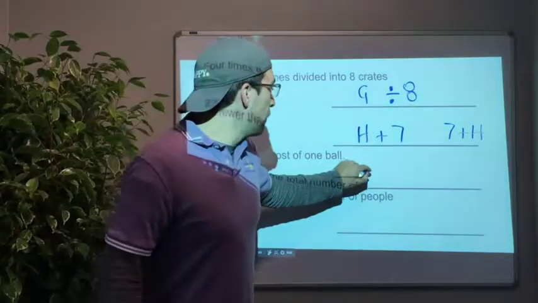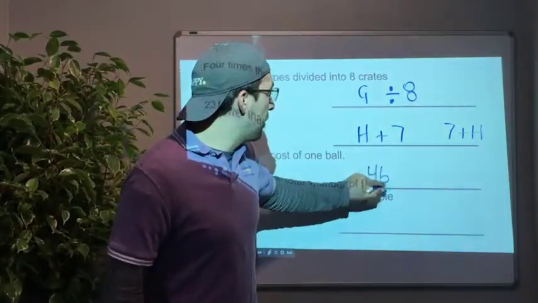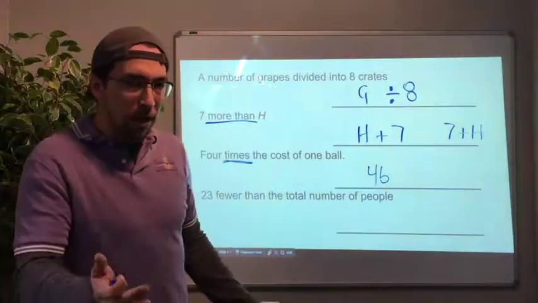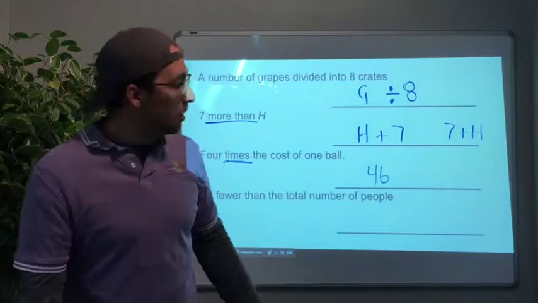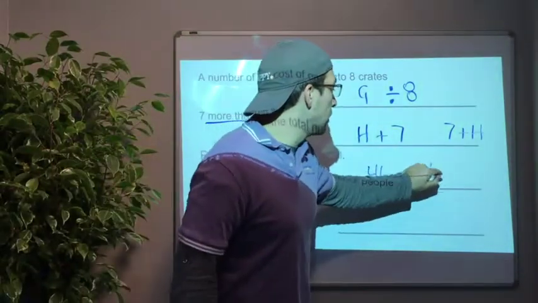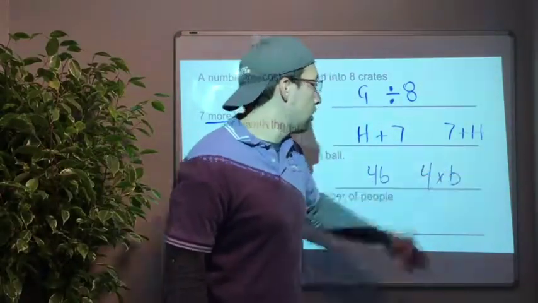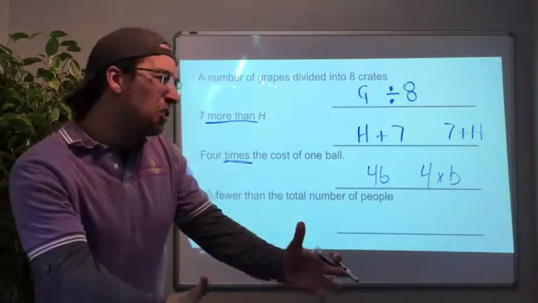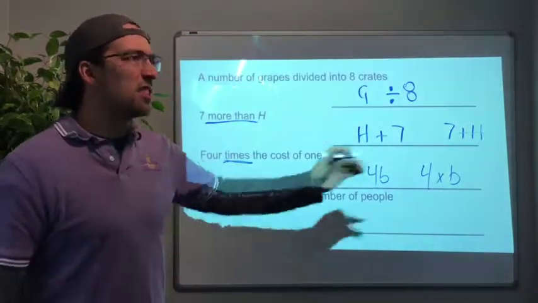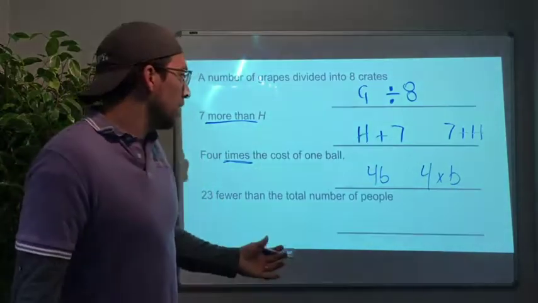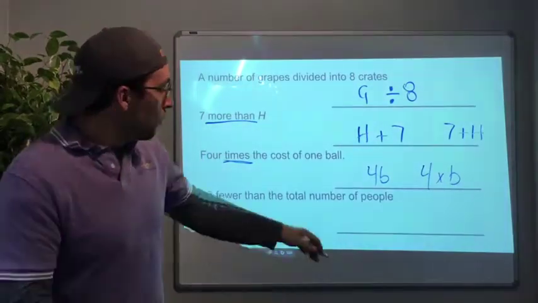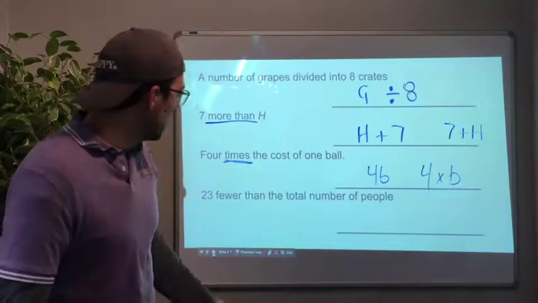So let's say 4 times ball, B, 4B. Anytime you put a number next to a letter, it means multiply. So 4 times the ball. The cost of the ball is $5, and the cost of the skateboard is 4 times the cost of the ball. So the skateboard is 4 times 5, which is $20.